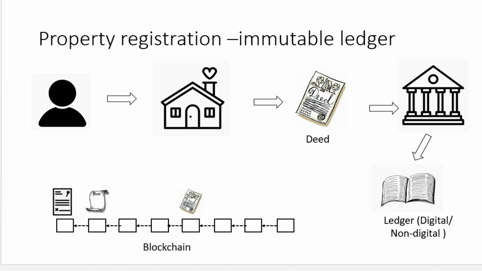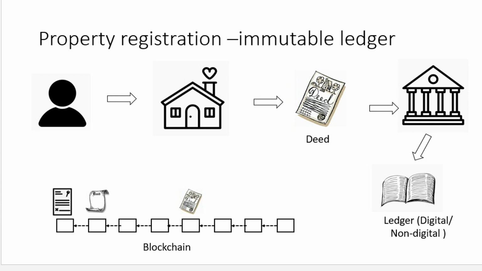You can see that in the first, Genesis block, the deed of, let's say, person 1 has been added. The same way the deed of a second person has been added, and then your deed is added, and as time passes, the records of all the citizens of a city are stored in the blockchain.